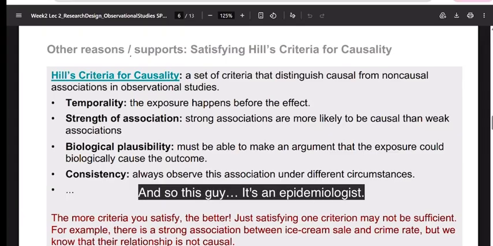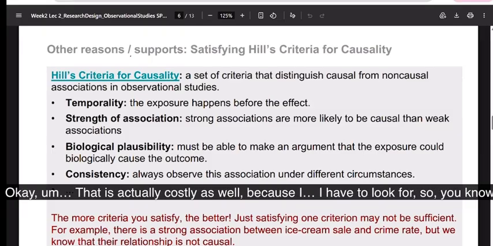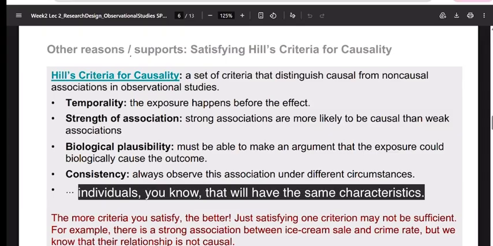So this guy is an epidemiologist. He gave us some kind of criteria. Because when you look at matching, that is actually costly as well, because I have to look for individuals that have the same characteristics.